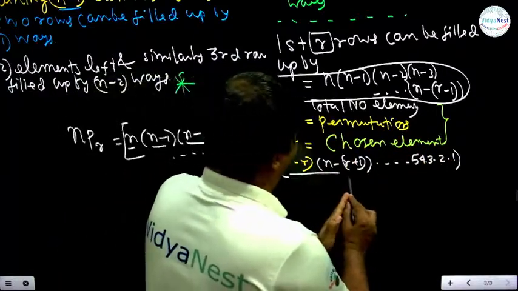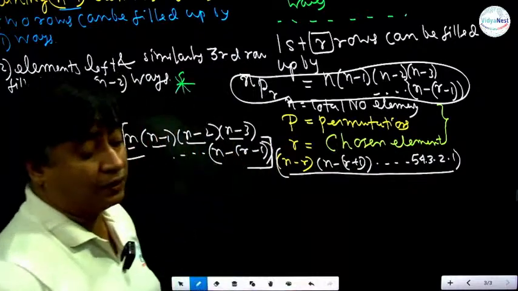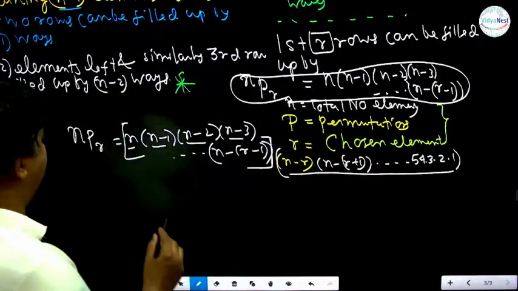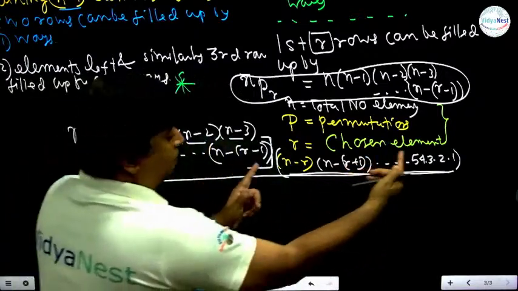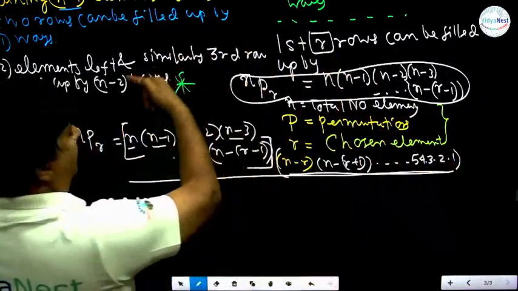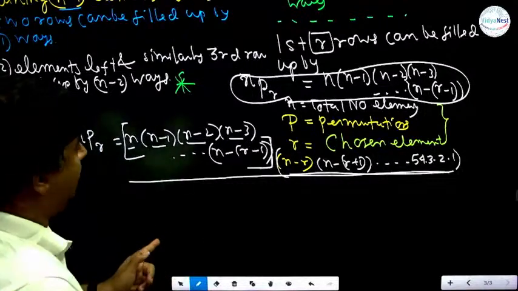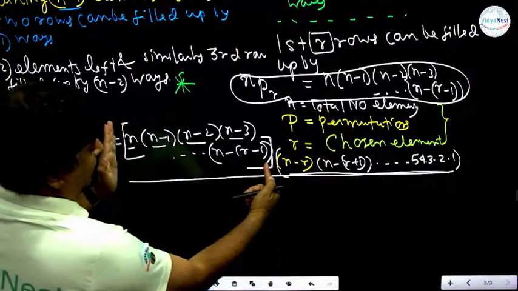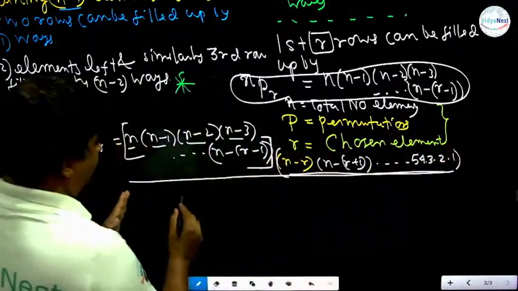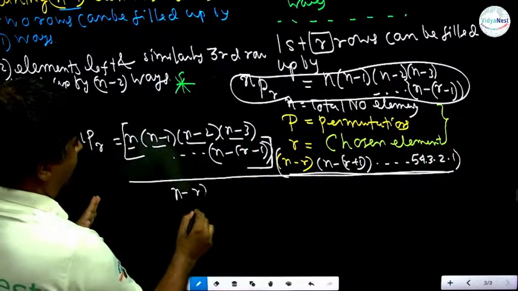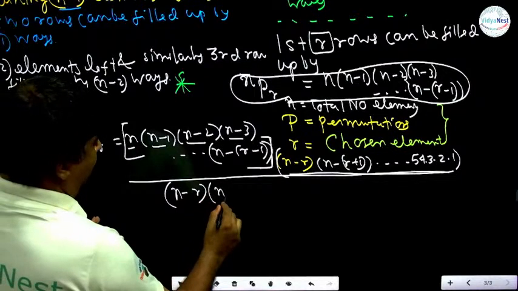Now to balance, because this part was not in our consideration of arrangement, since arrangement was done here, this is an extra part I have to introduce, and to balance it, in the denominator also the same has to be brought.